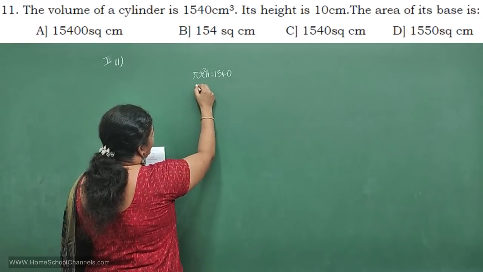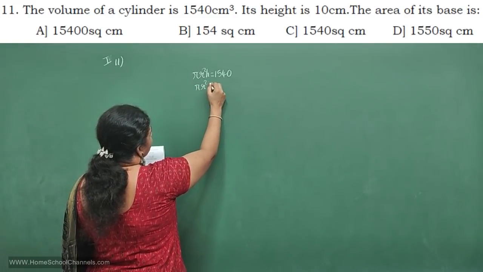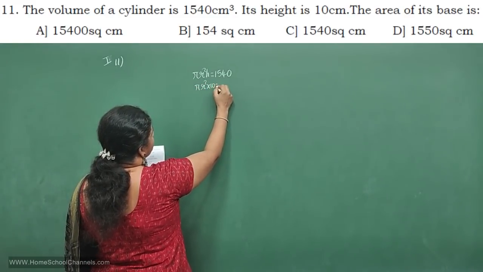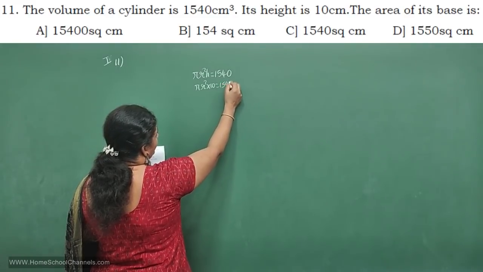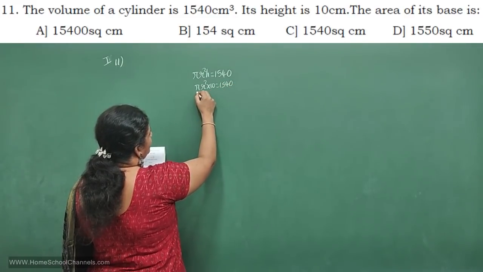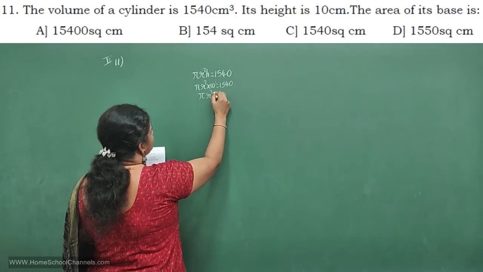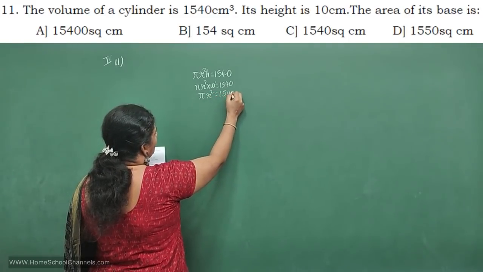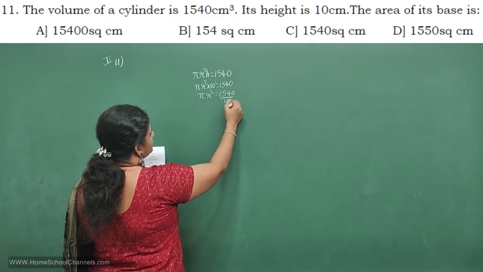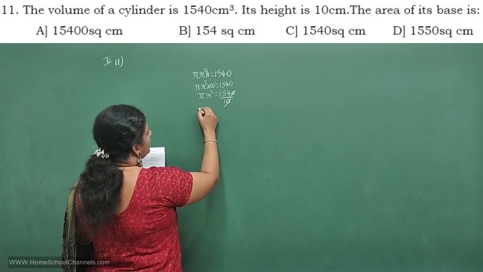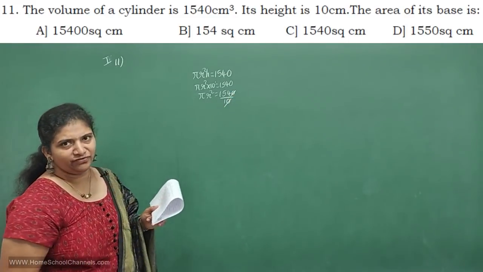Let me substitute the height value: pi r square into 10 is equal to 1540. This 10 goes to the other side. Pi r square is equal to 1540 by 10. Cancel the 0. Pi r square is equal to 154.